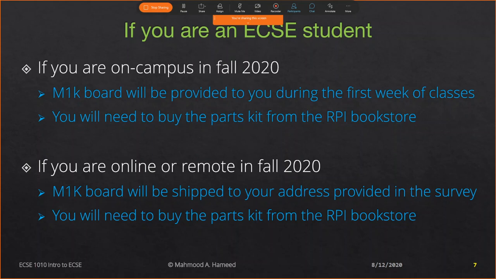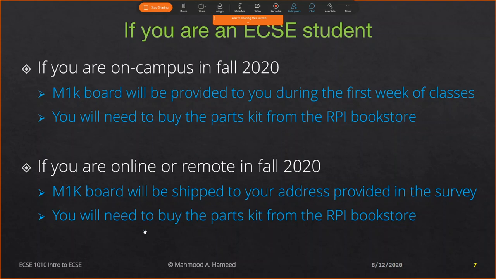Now, if you are going to be coming on campus, then you have the option to actually go to the RPI bookstore and pick the parts kit up in person. So you could push that to a later date. So that's as far as ECSE students who are going to be on campus is concerned.